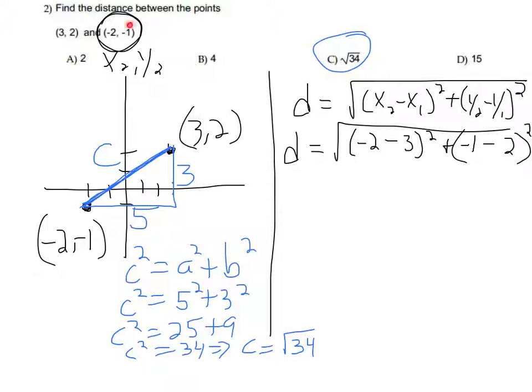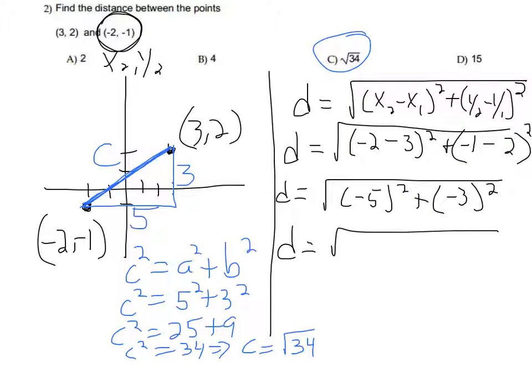That is y2 minus 1 minus, from the formula, y1 is 2. Minus 1 minus 2. Now we simplify on the inside. Minus 2 minus 3 is minus 5 squared, plus minus 1 minus 2 is minus 3 squared.